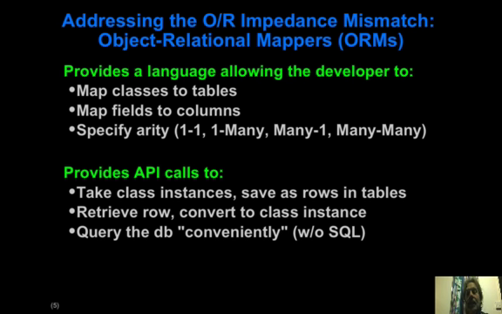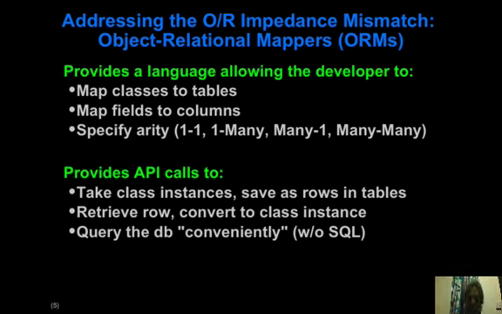The system itself will do the SQL query, get the rows out of the database, construct the objects for you, and give them back to you. So basically, when you're using an ORM, you're programming in Java and not worrying too much about tables. You're creating Java objects, persisting them, and then doing a query on your persistent store, looking for objects with certain characteristics, and you get them back.